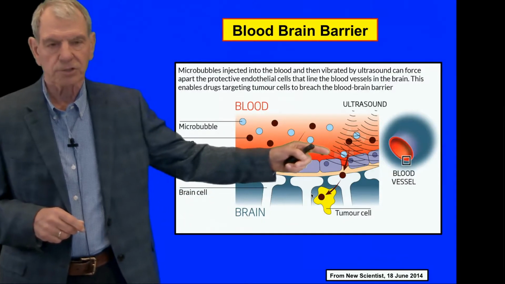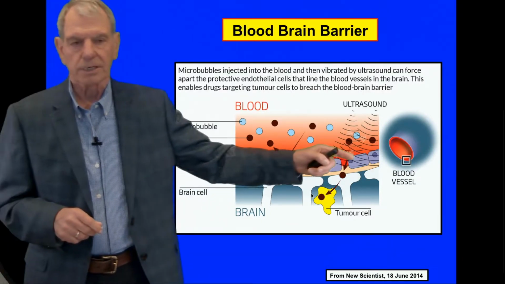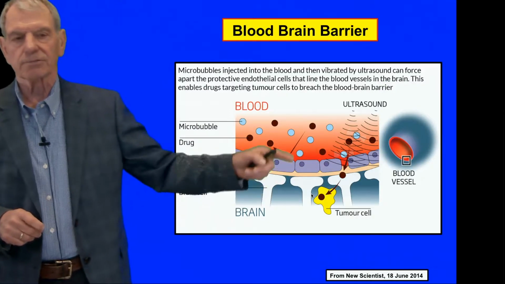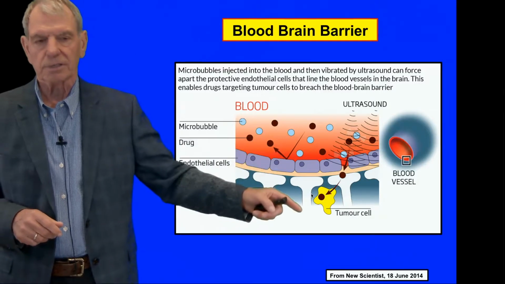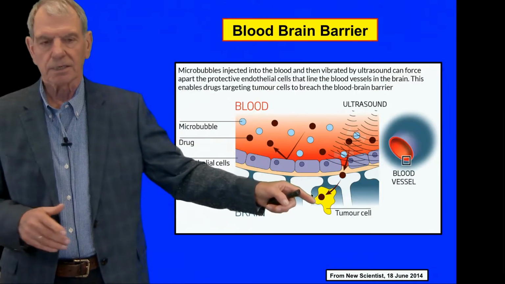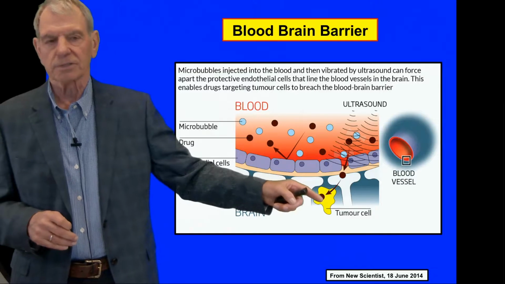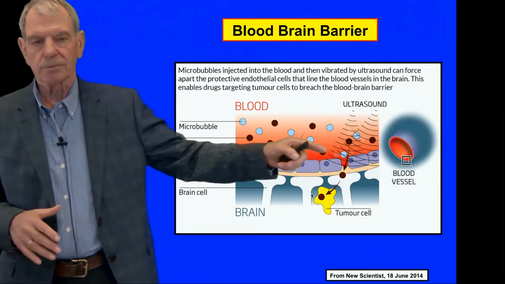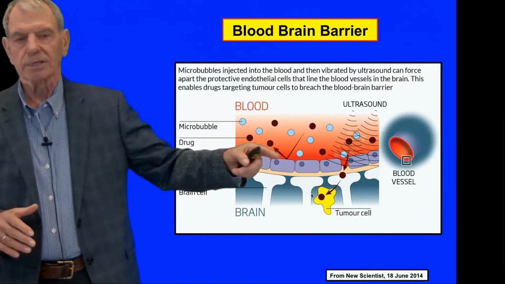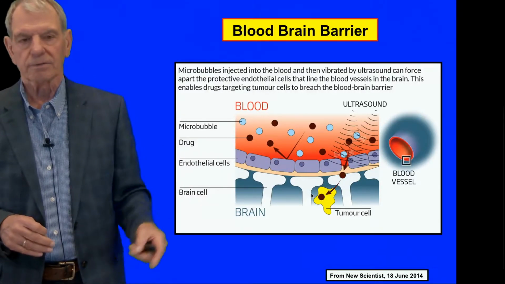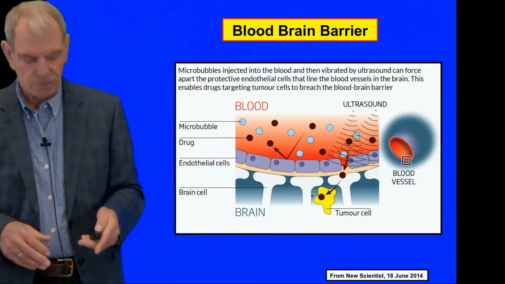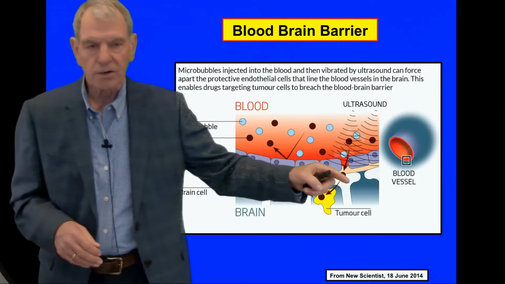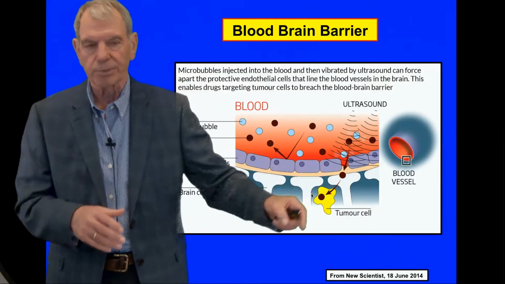So the tight junctions along the blood-brain barrier also protect our body, but they prevent us from using a drug to go in and then treat, let's say, some kind of cancer inside the brain itself. Now, if you introduce bubbles into the vessel, into the blood, and then you use ultrasound, you can actually cause these tight junctions to be opened up.